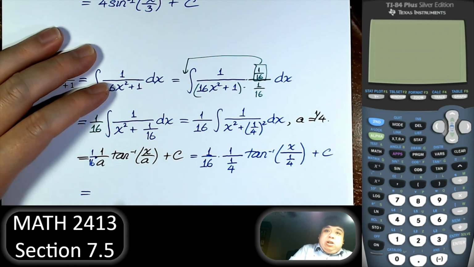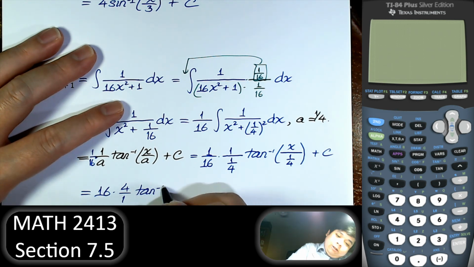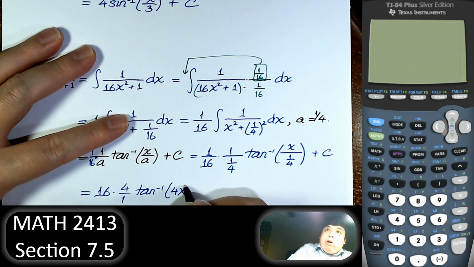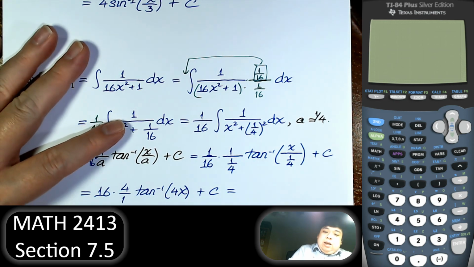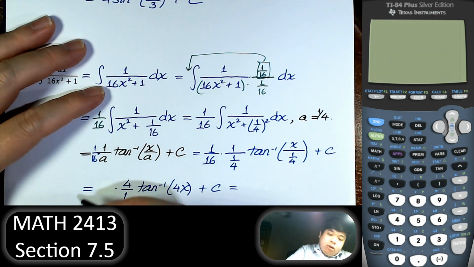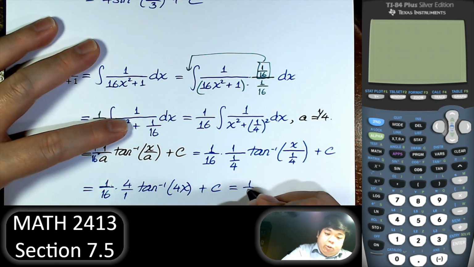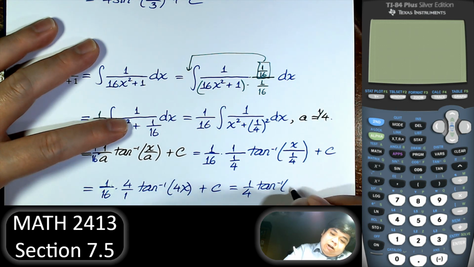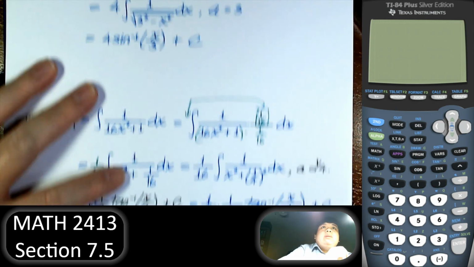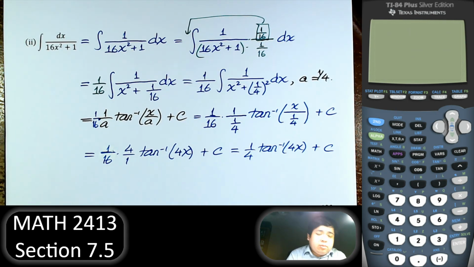Dividing a fraction is multiplying by the reciprocal. Same thing here, that just turns into 4x. And so this will be 1 over 16, sorry, that cancels out, and we have 1 over 4 tangent inverse of 4x plus c. Right, so in this case we just use the formula as given. I said when we go to Calculus 2, there's a way to do this without relying on memorizing the formula. But if we use a formula, that's what we have.